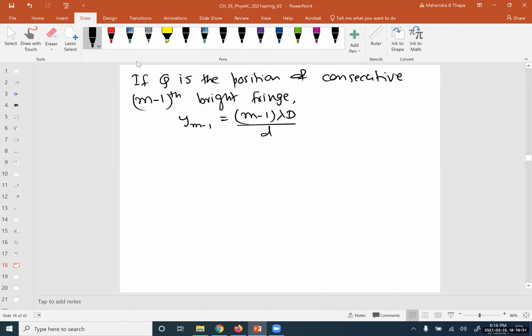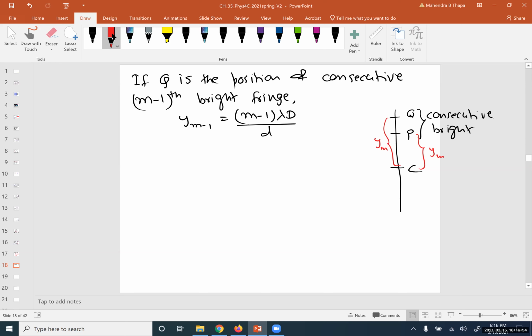Let's draw the picture. See, central bright, this point is P, this point is Q, both are consecutive bright spots. This distance is ym, and this distance will be y m-1.